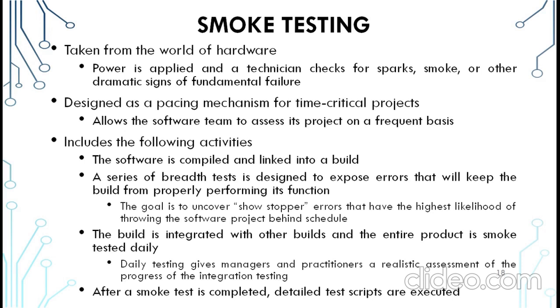The goal is to uncover showstopper errors that have the highest likelihood of throwing the software project behind schedule. The build is integrated with other builds and the entire product is smoke tested daily. Daily testing gives the managers and practitioners of a testing team a way to assess the progress of the integration testing. After a smoke test is completed, detailed test scripts are executed.